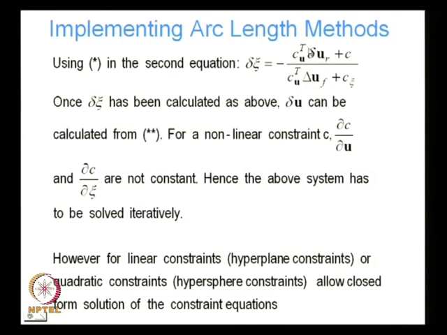That is, I do not have to iterate, I can just solve this equation in closed form, because then these things are no longer functions of delta u and delta xi, they become constants. In that case, I can solve for delta xi directly, and once I have solved for delta xi, I can substitute it in my previous equation and solve for delta u.